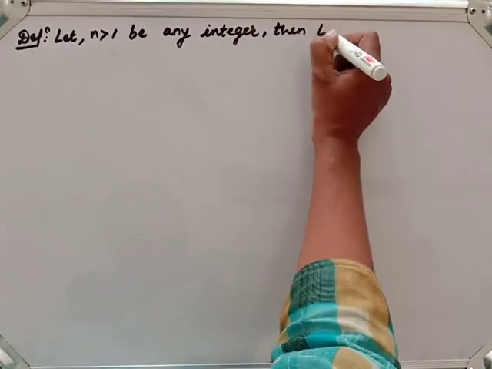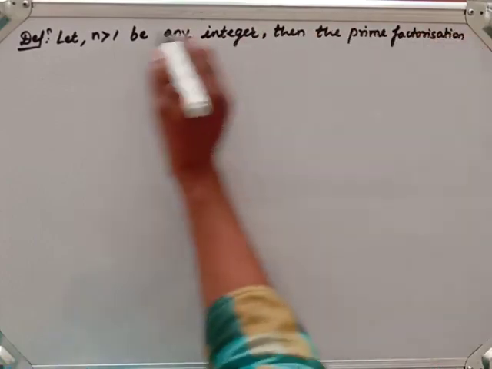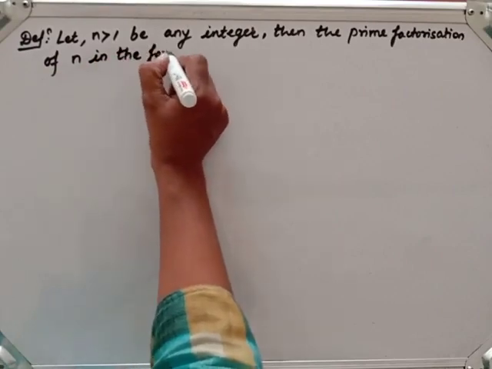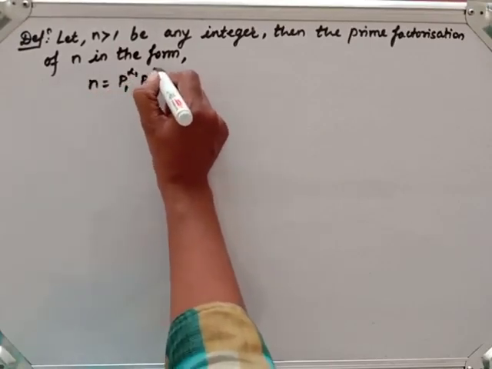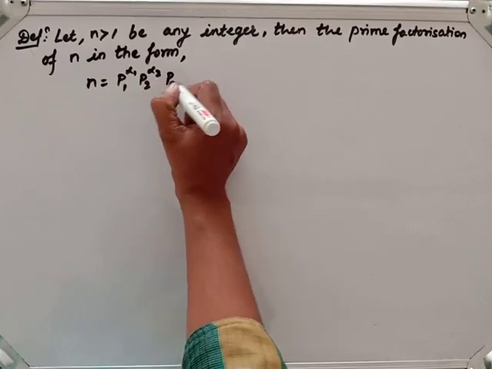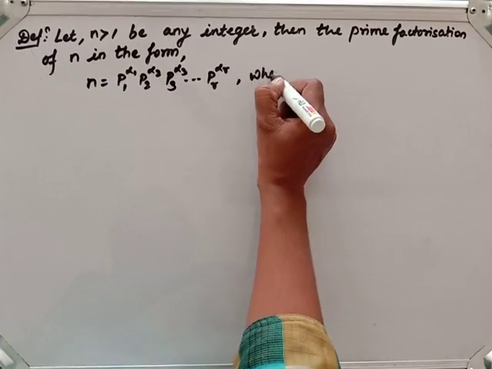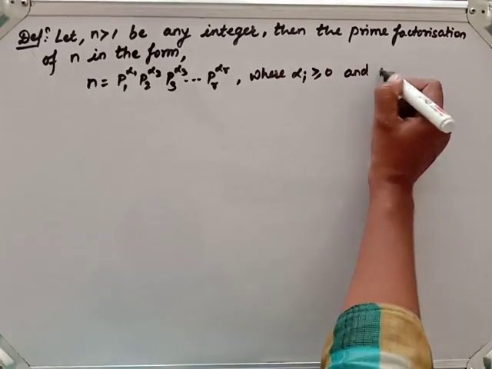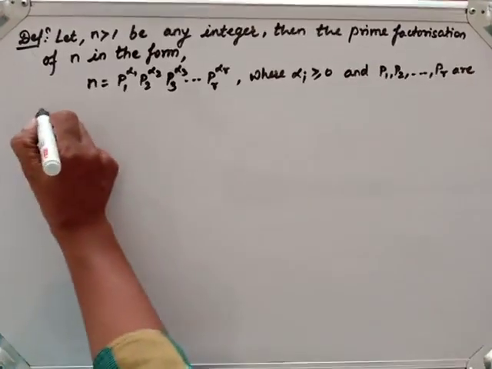then the prime factorization of n in the form n equal to p1 raised to alpha 1, p2 raised to alpha 2, p3 raised to alpha 3 and so on up to pr raised to alpha r, where alpha i greater than or equal to 0 and p1, p2 and so on up to pr are distinct primes.